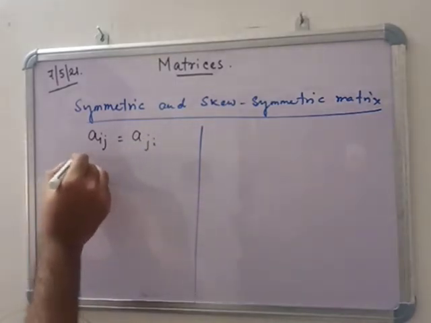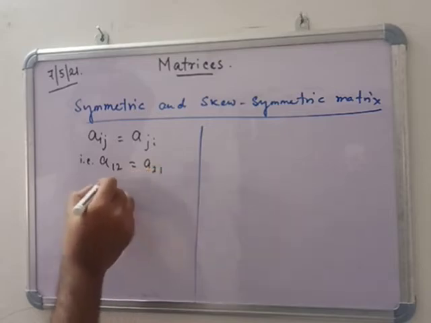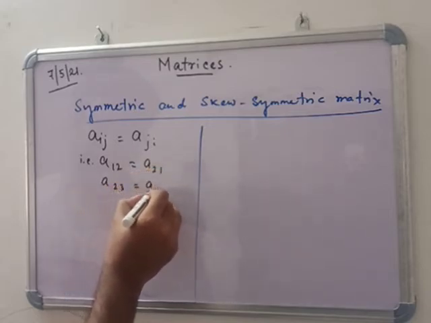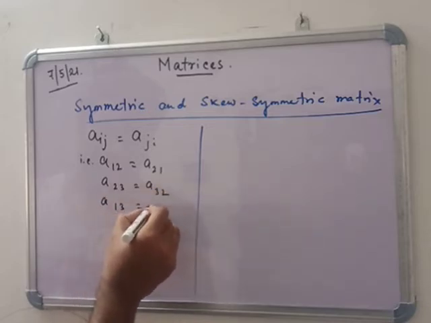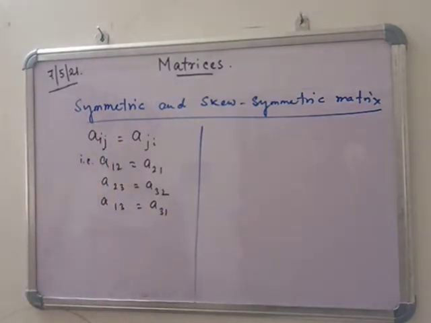That means A12 equals A21, A23 equals A32, A13 equals A31. This is the main thing of a symmetric matrix. Symmetric matrices are mainly of order 3.